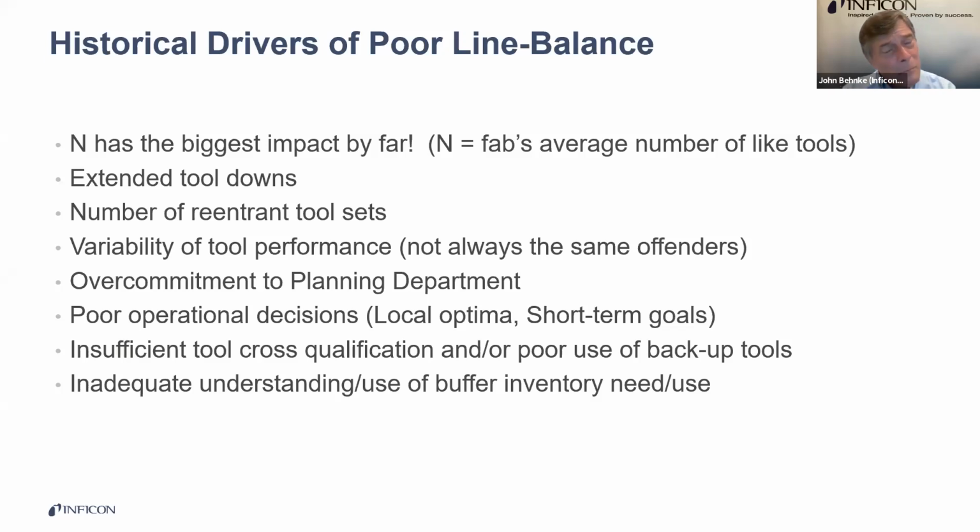Ironically, something you rarely hear anybody talk about, but which is a pretty consistent cause of poor line balance, is actually the planning department. I don't mean to pick on anybody working on planning today, but if you have a poor understanding of your factory's actual capabilities and you succumb to a demand from a product line or a quick desire to exceed expectations, and you overcommit, typically somebody along the management chain will decide to do something referred to as a local optima, and that means they're going to pull for the last couple of weeks to make some short-term goal and completely mess up your line.